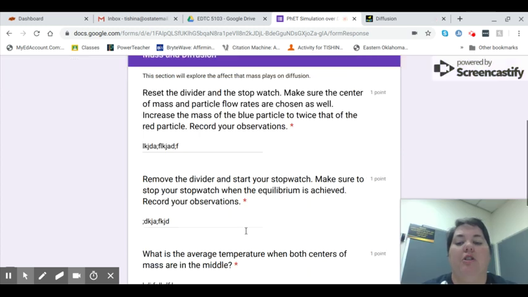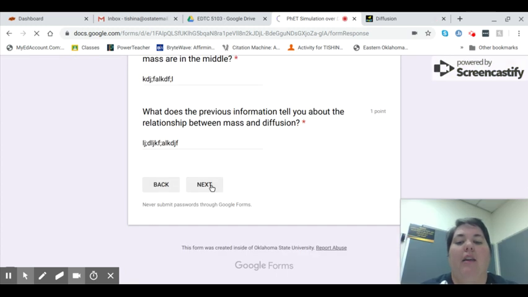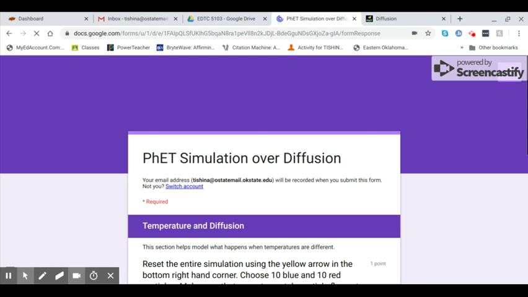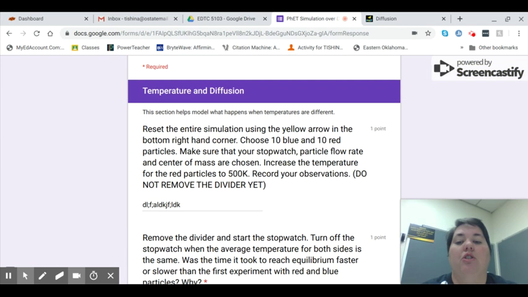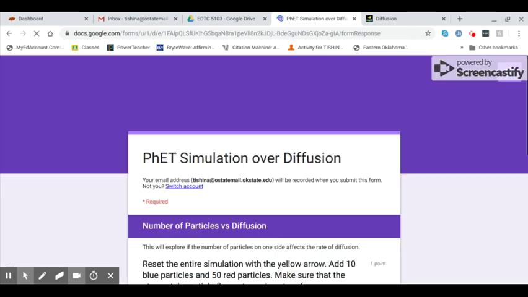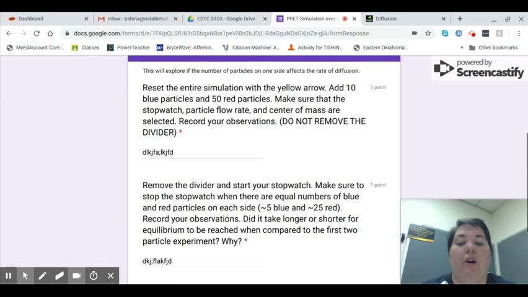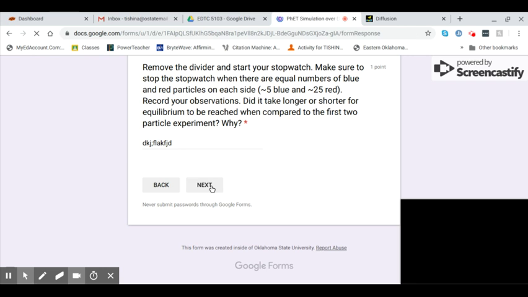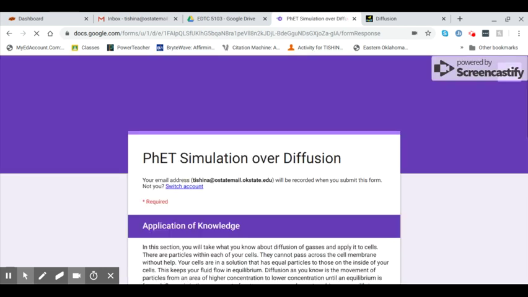They also have to change the mass. They also have to change the temperature because temperature affects equilibrium as well. And then the number of particles. If you put more on one side than the other, how does that affect equilibrium?